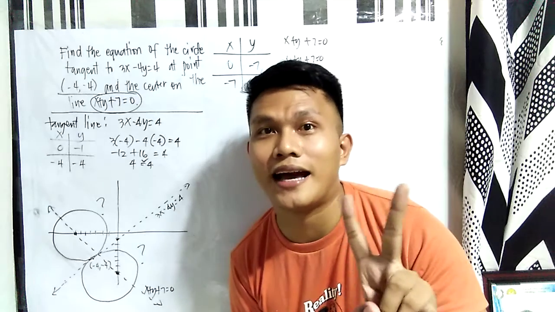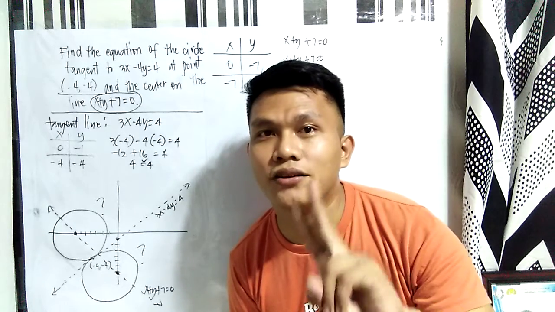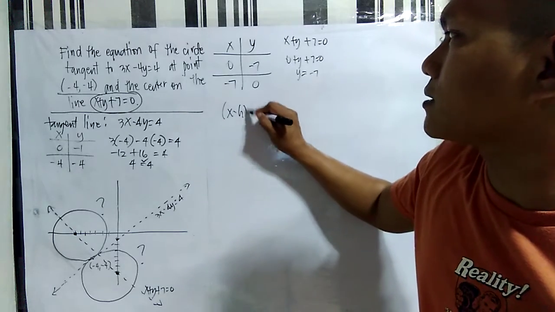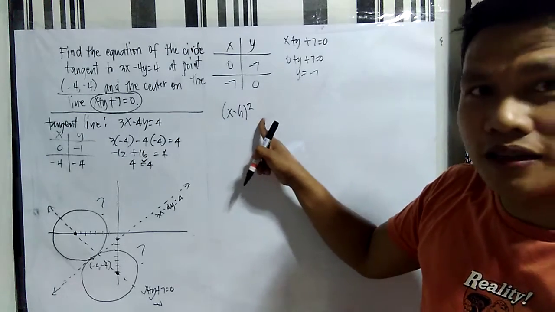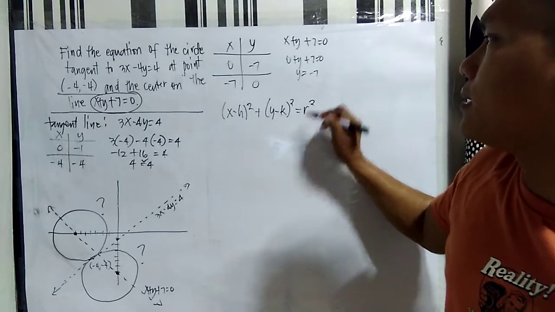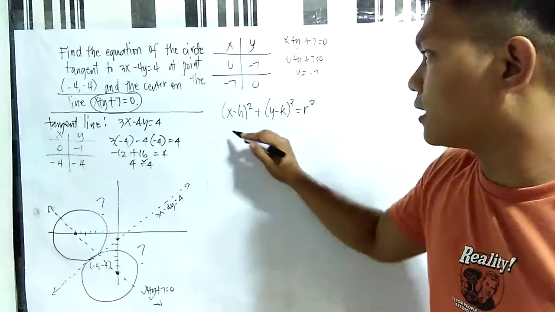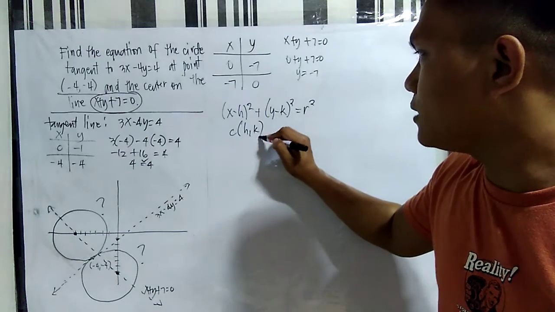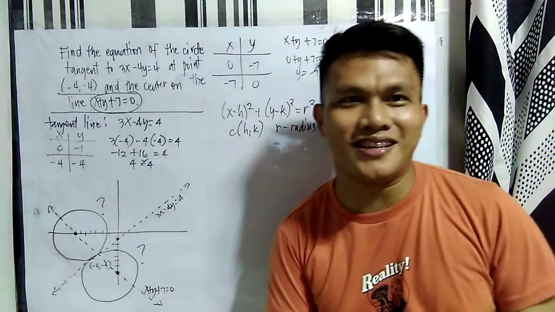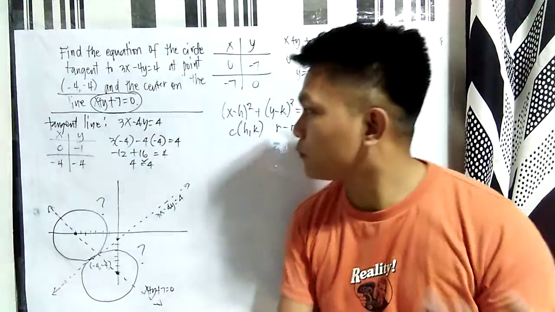So dalawa lang ang kailangan, yung center at saka yung radius, para magamit natin yung ating standard form na (x minus h) square plus (y minus k) square equals r square, in which ang ating center ay (h, k) at ang ating r is our radius. Okay, so let's start.